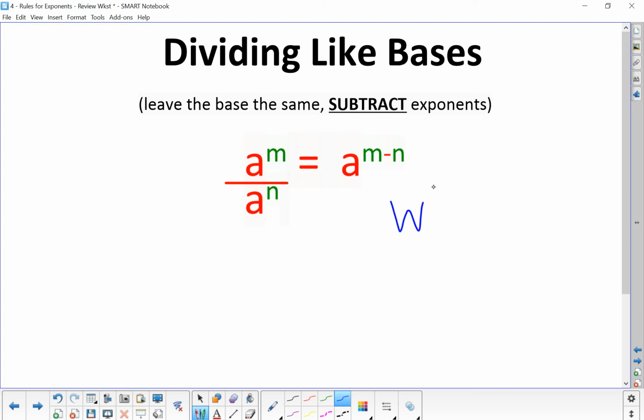W to the 9th divided by W to the 7th would be W to the 2nd. When you are dividing like bases, you leave the base the same and subtract the exponents. Now let's take a look at the final rule.